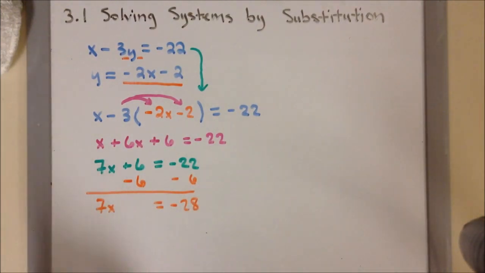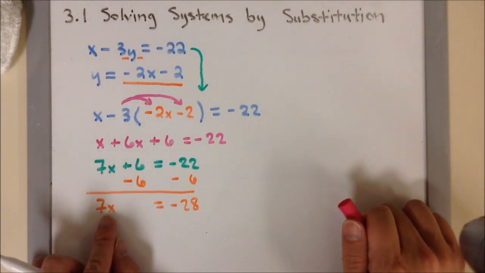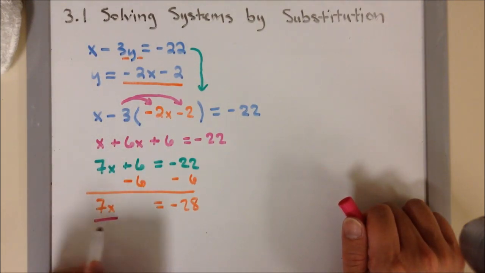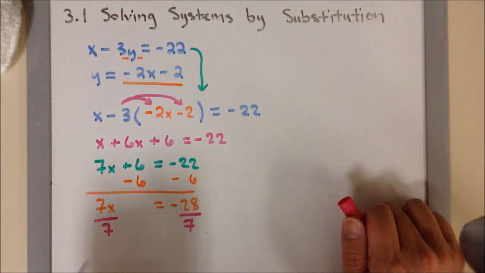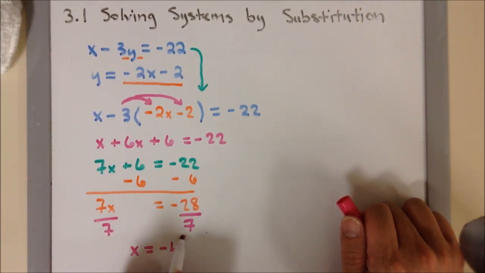In order to get x by itself, it's 7 times x. Opposite is dividing by 7. Do it on the left, do it on the right. So from there, we're going to get x equal negative 28 divided by 7, which is negative 4. So here's our first solution.